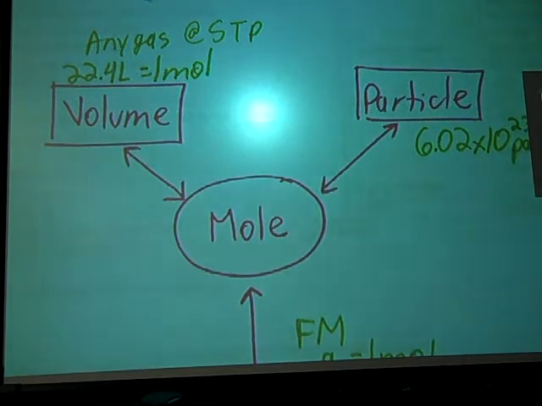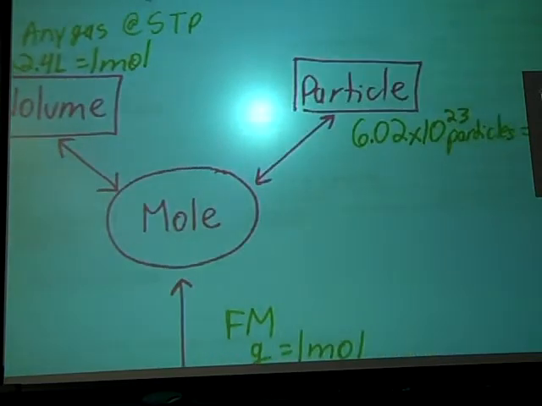There we go. So STP, standard temperature and pressure, is 1 atmosphere and 0 degrees Celsius, which is 273 Kelvin. So any gas that you're talking about, any one at all, we assume it to be an ideal gas at standard temperature and pressure, and 1 mole of it has a volume of 22.4 liters.